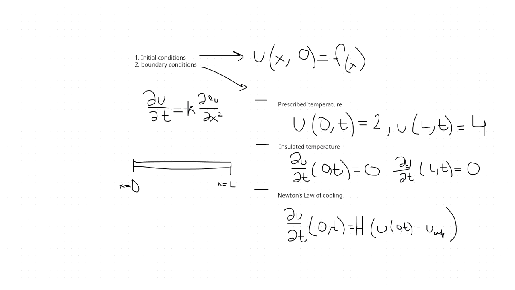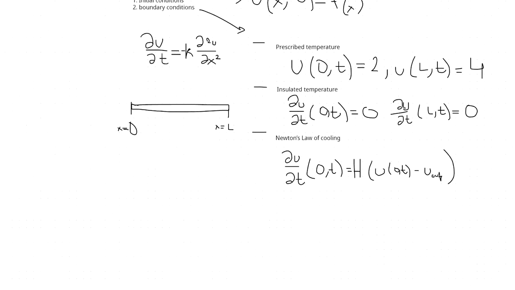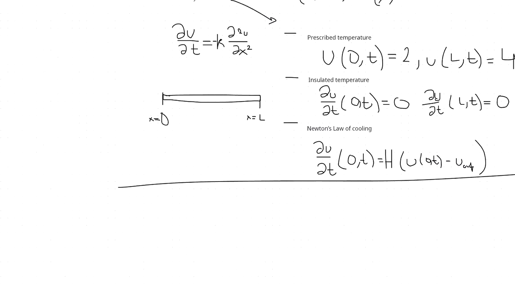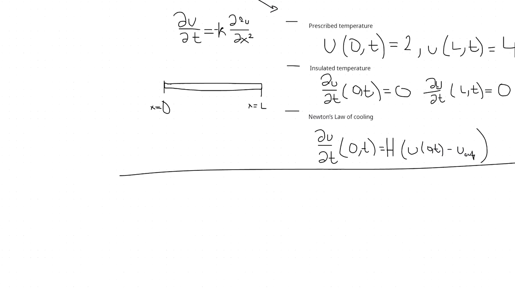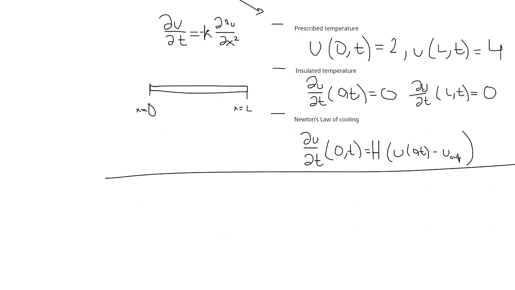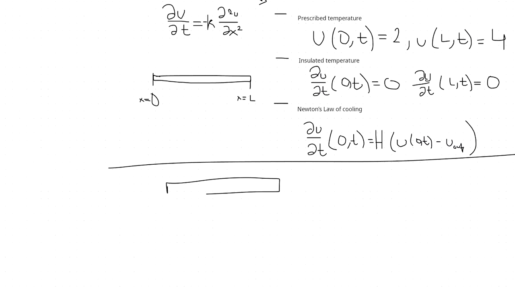One way you can see these boundary conditions and initial conditions being applied is in finding the equilibrium solution to one of these problems. What that means is, let's say we have a rod with an initial temperature u of x comma 0 equal to, say, 4 degrees.